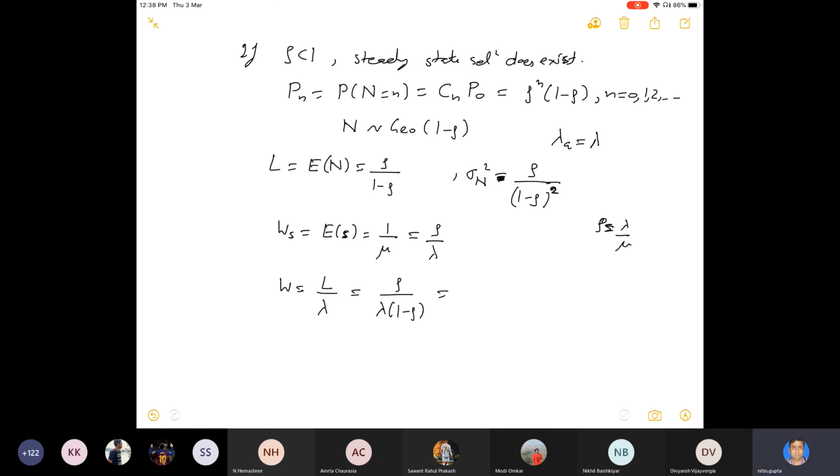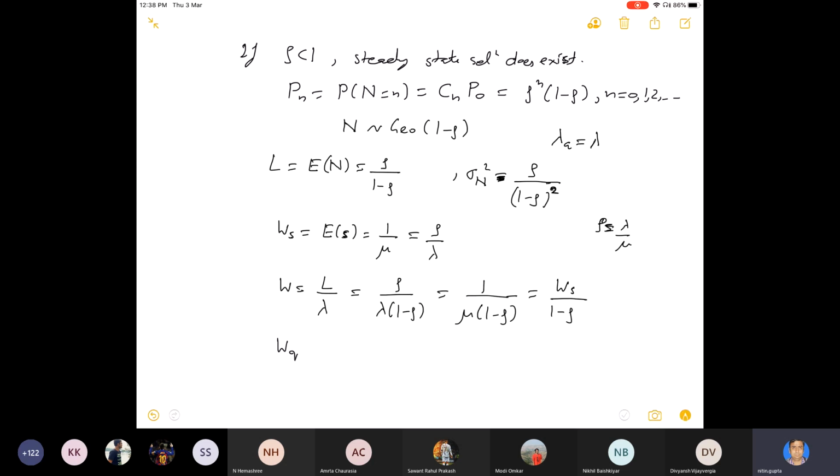So lambda by mu, so this can be written as 1 by mu times 1 by 1 minus rho, because rho is lambda by mu. 1 by mu is WS. So W equals WS divided by 1 minus rho. So this can be written like this also.